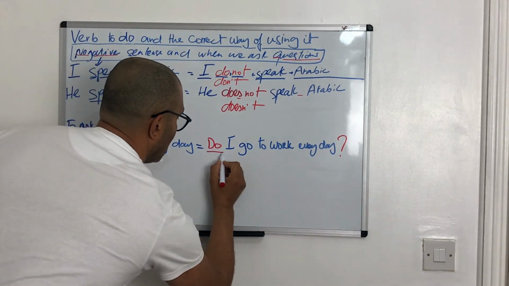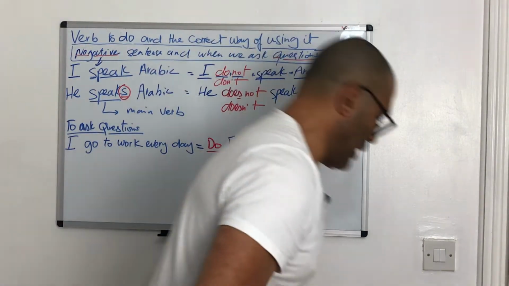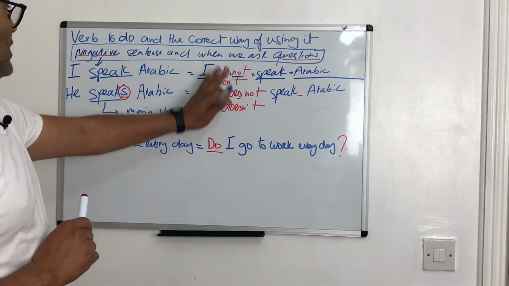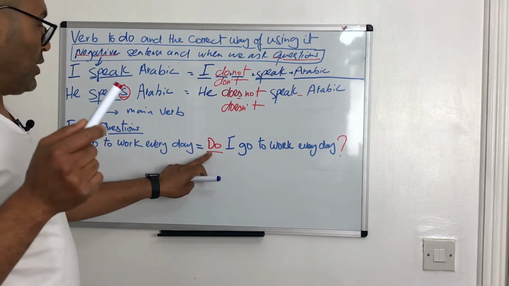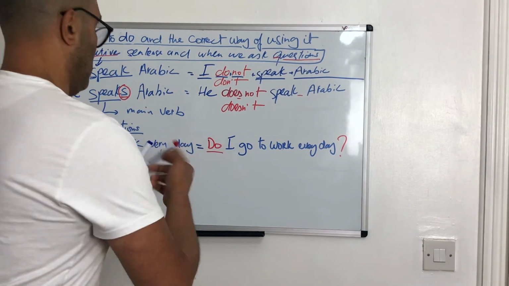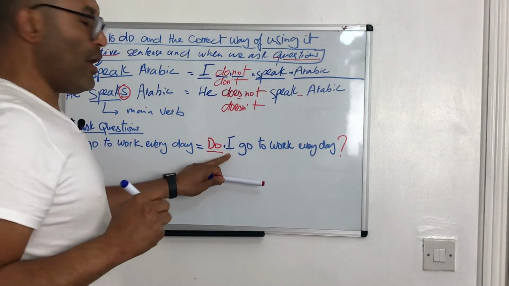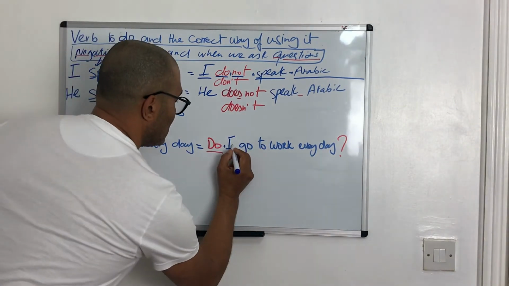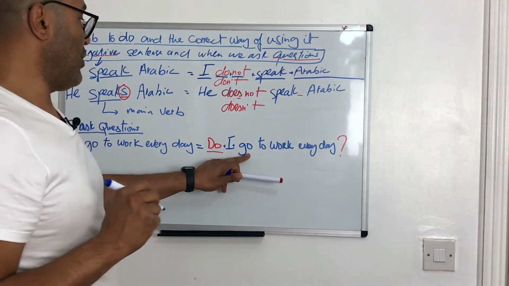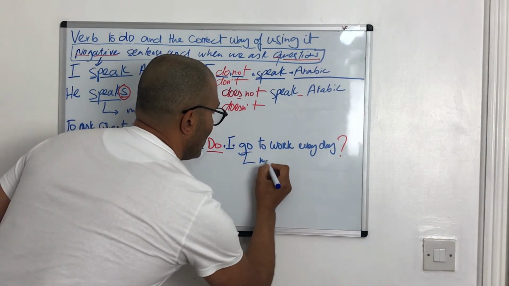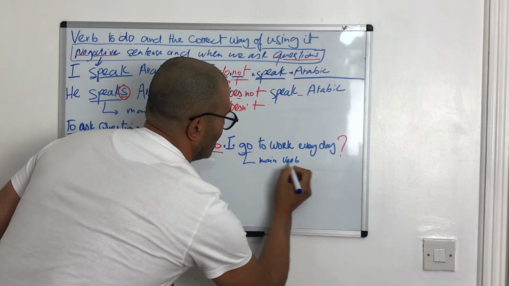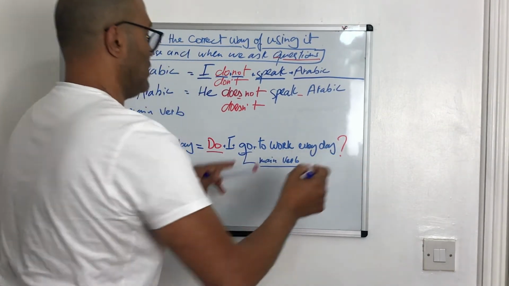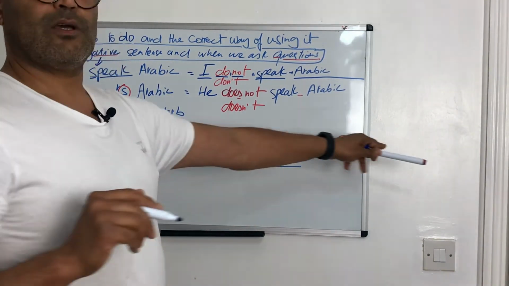So we say: Do I go to work every day? Its formula is easy. We use the verb do plus the noun, the subject I, plus go, which is the main verb, plus the rest of the sentence.